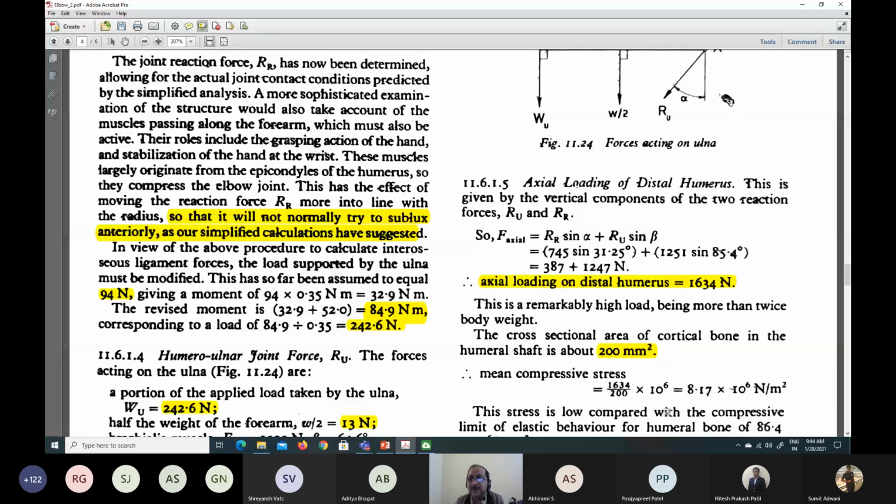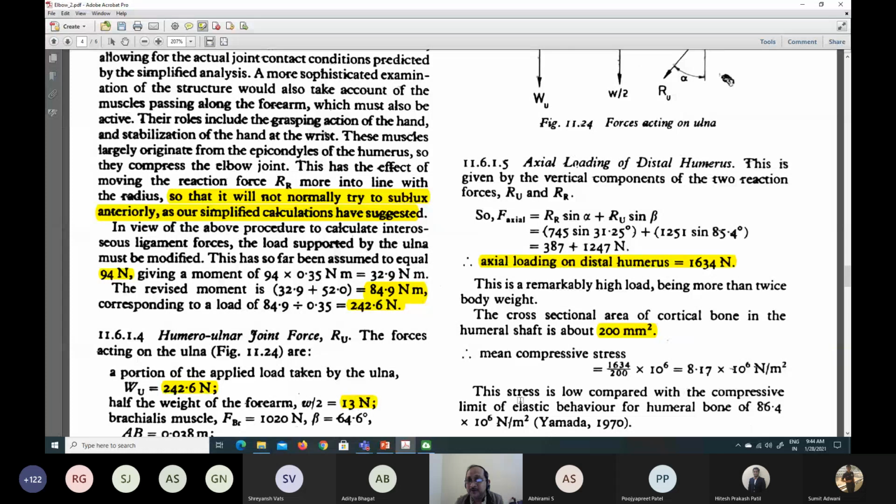This stress is low compared with the compressive limit of the elastic behavior, so the strength of the bone, and that is about 86.4 MPa. This is a reference. So you can see how much the strong humerus bone can sustain as far as stresses generated within the bone is concerned.